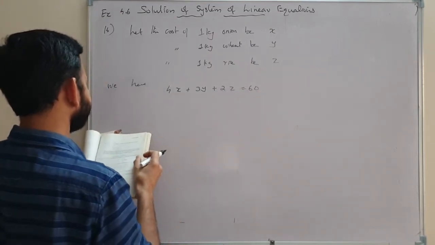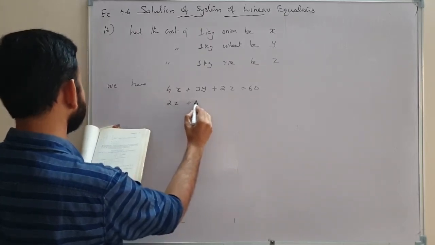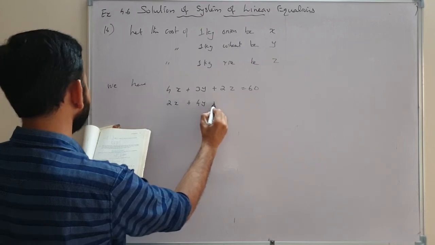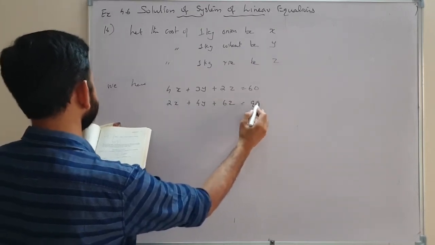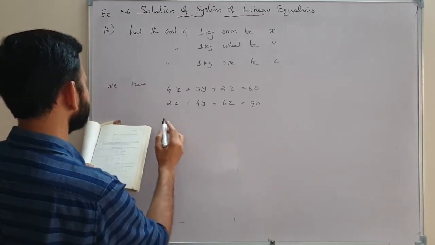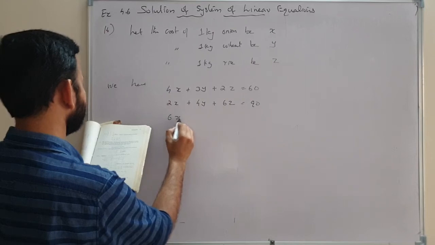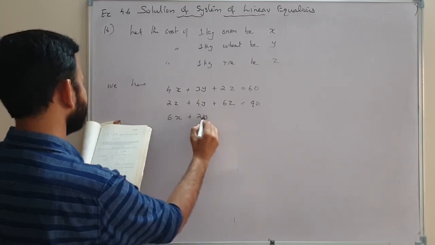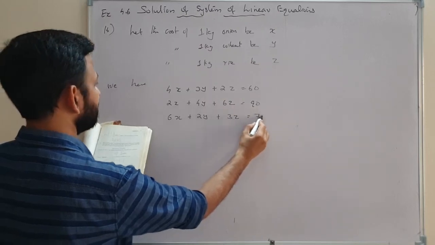Second equation: 2 kilogram onion 2x plus 4 kilogram wheat 4y plus 6 kilogram rice 6z is equal to 90. Then the third one: 6 kilogram onion plus 2 kilogram wheat plus 3 kilogram rice is equal to 70.